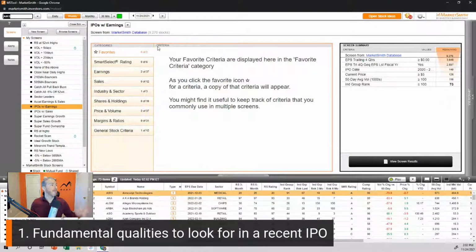So I'm clicking up that edit button, and you can see over here, right? So in the database, there's about 9,000 stocks, right? And so just the first criteria here, that the trailing 4 quarters have to have some kind of earnings, right? I'm only interested in earnings at this point. That narrows down the field from 9,000 to about 3,500.